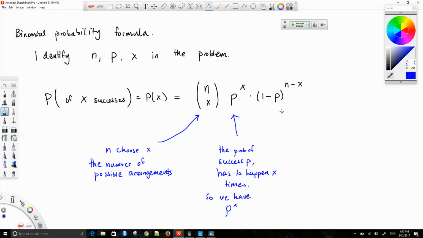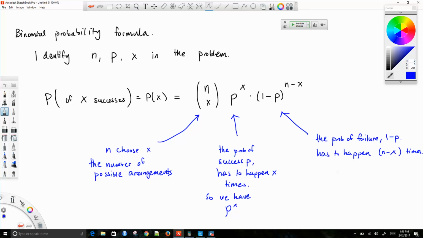And then over here, 1 minus p is the probability of a failure, and that has to happen n minus x times. If we have a total number of n trials, and x of them are successes, then the rest, n minus x, have to be failures.